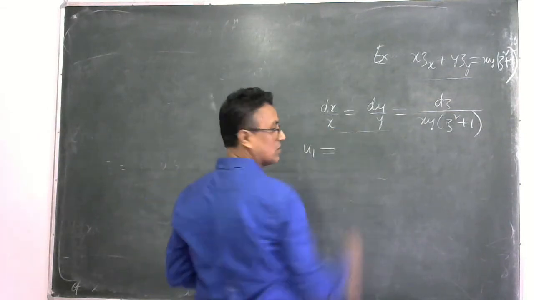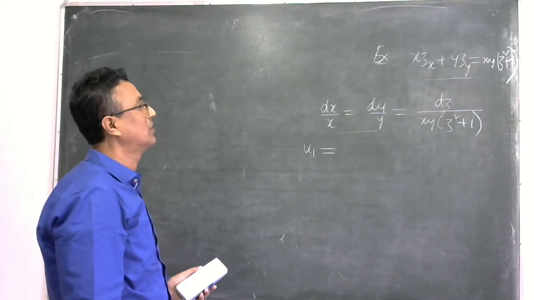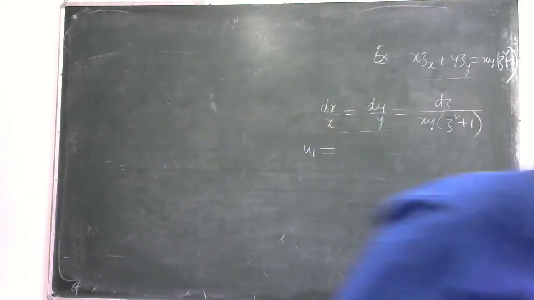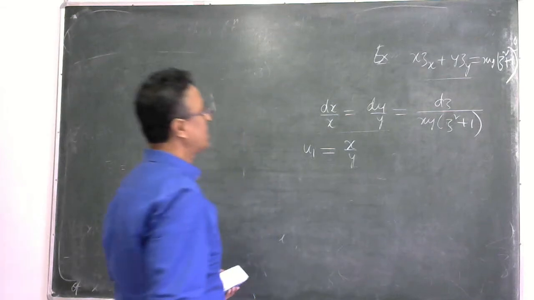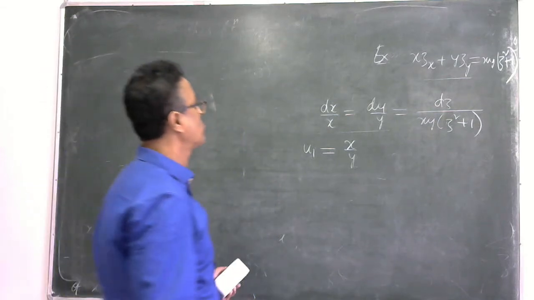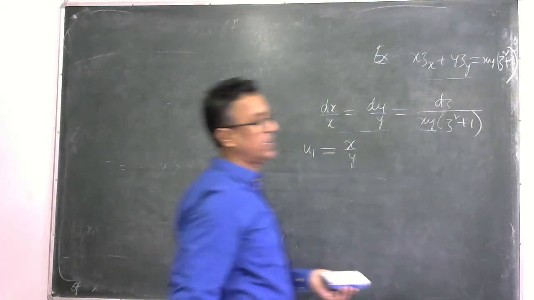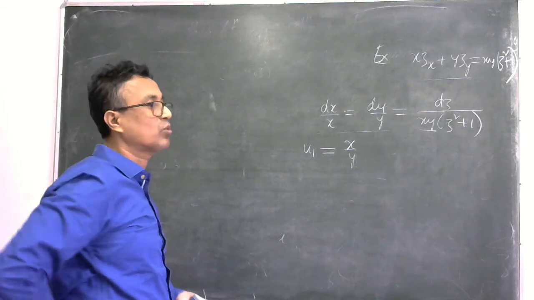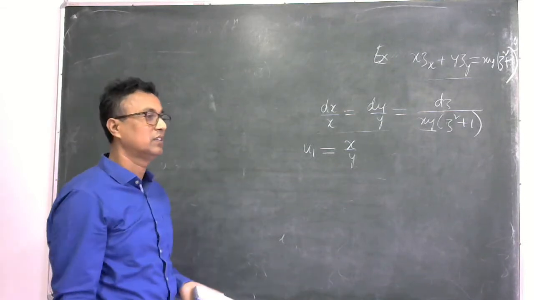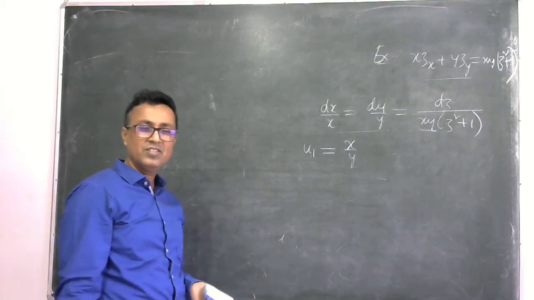So obviously your U1 is what? From these two? Yes, these two what? X, Y. X by Y. What about the second manipulation? Say this is giving you a clue, xy. Right? What is the total differential of xy? X dy plus y dx. Isn't it?